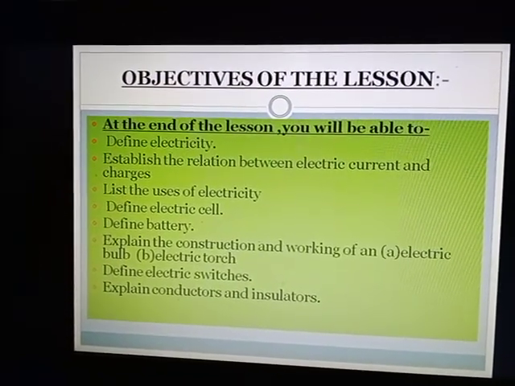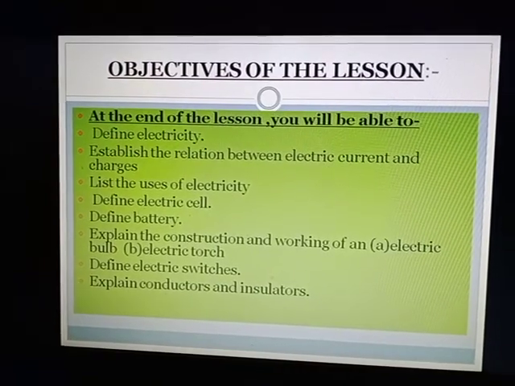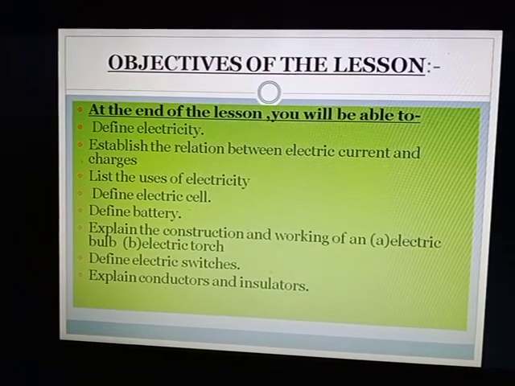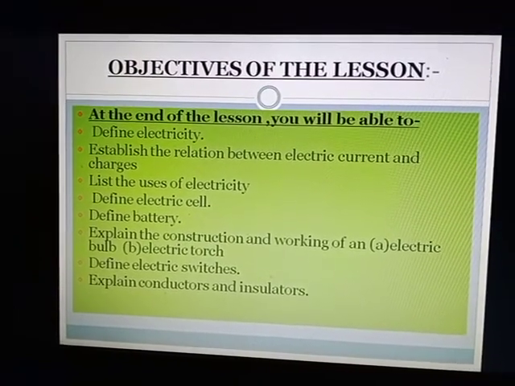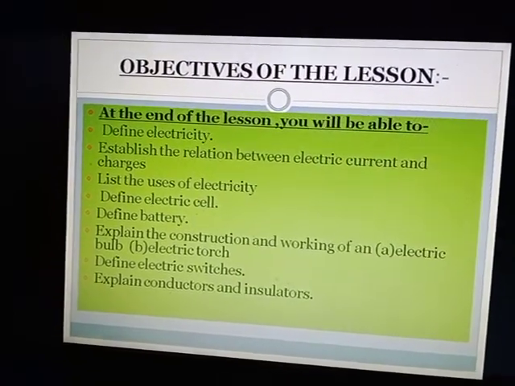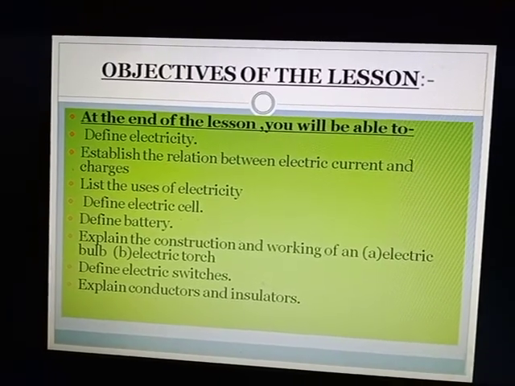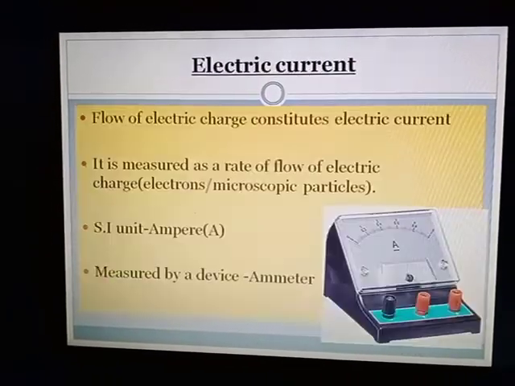The objectives of the lesson are, at the end of the lesson you will be able to define electricity, establish the relationship between electric current and charges, list the uses of electricity, define electric cell, define battery, explain the construction and working of an electric bulb and electric torch, define electric switches and explain conductors and insulators.